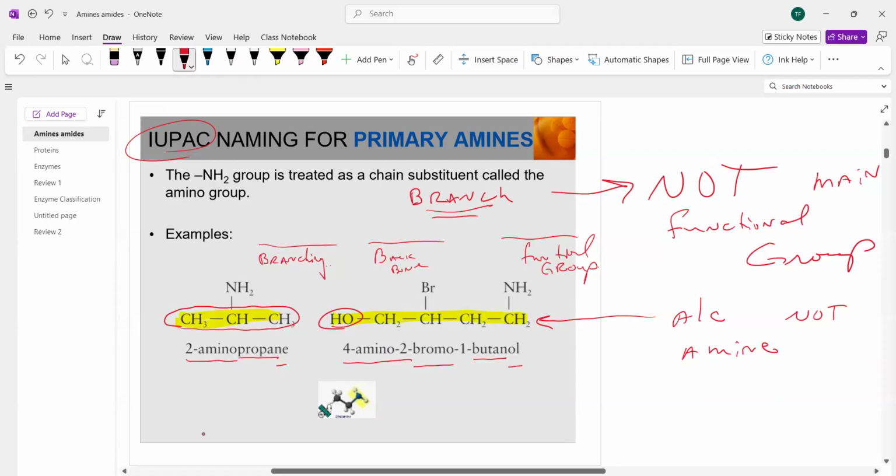So it's 2-amino propane. 1, 2, 3, 4. So that's a 4-carbon alcohol with a branch at carbon number 2 and carbon number 4. Okay, so amines are different than everything else. Normally, we have a unit, that's the functional group, whatever is in that unit. Does that make sense?